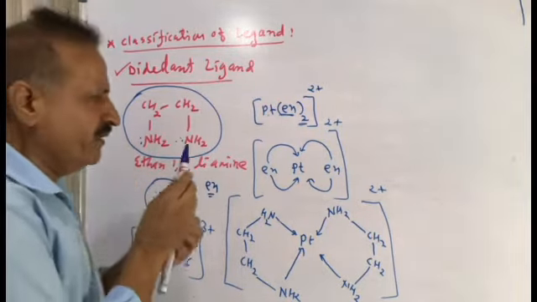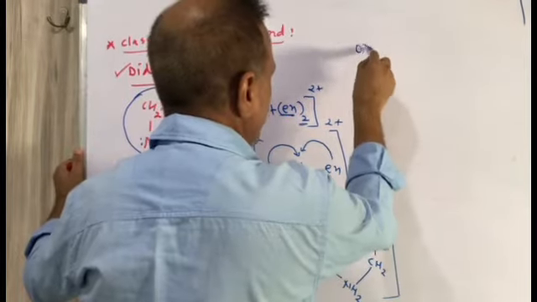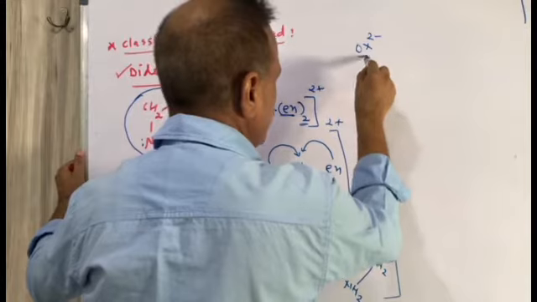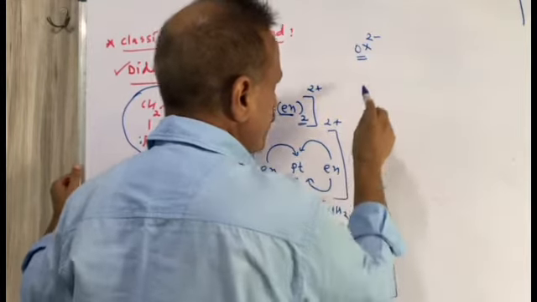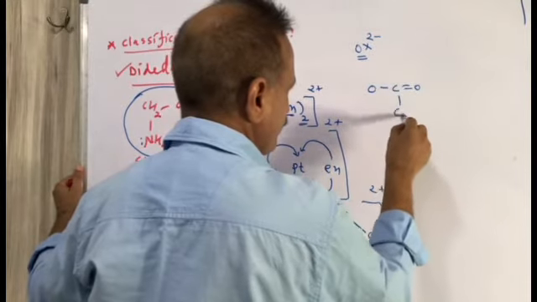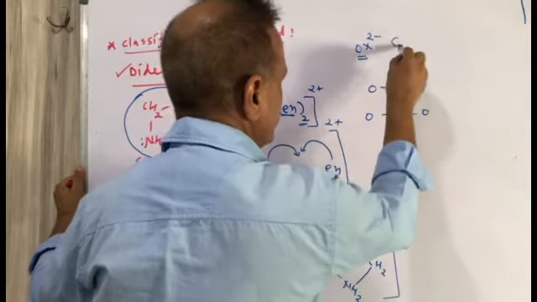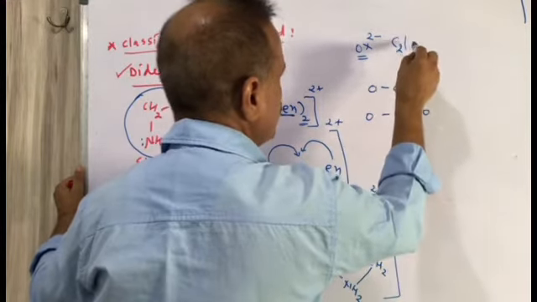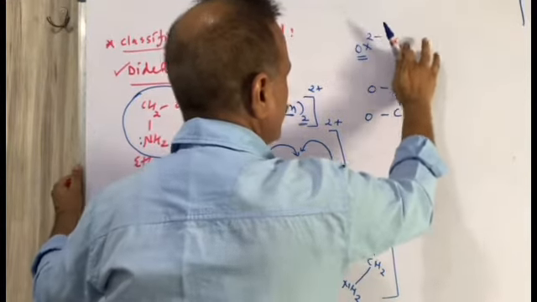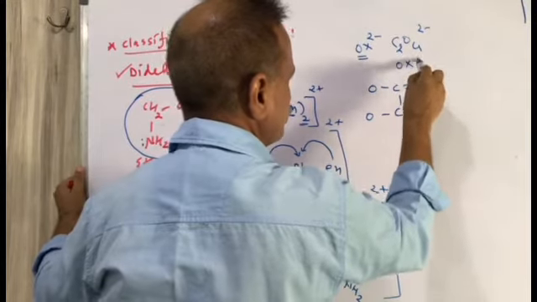Now we have another example. Suppose oxalate ion, ox, is 2 minus. Ready? So ox means what? This is oxalate, C2O4 2 minus.